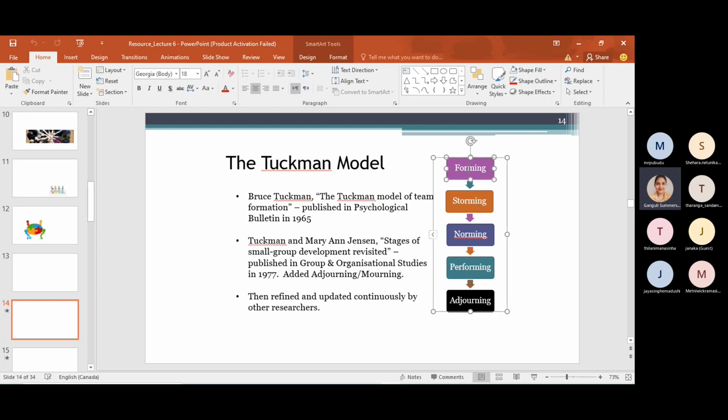When you develop a team or a group, you go through these 5 stages: forming, storming, norming, performing, and adjourning. This theory was published in 1965, but it was updated continuously by other researchers as well.